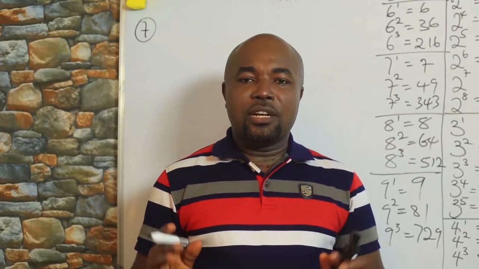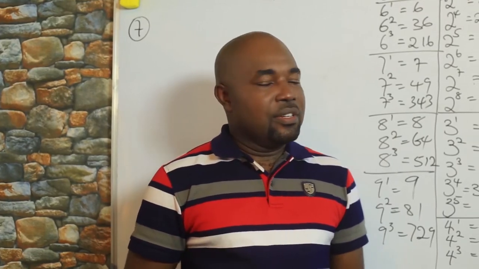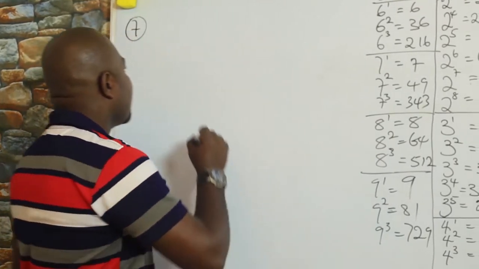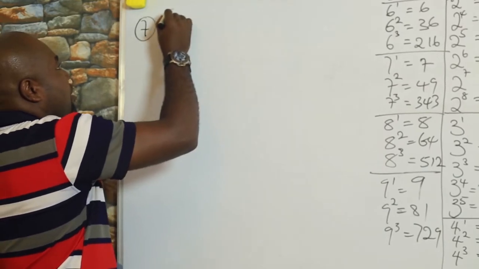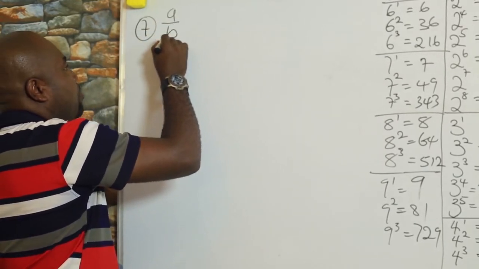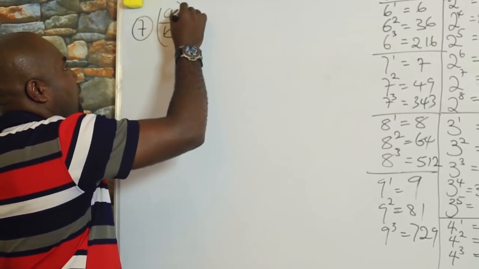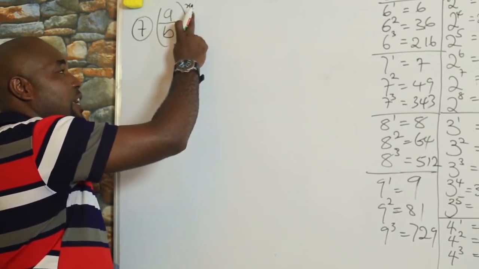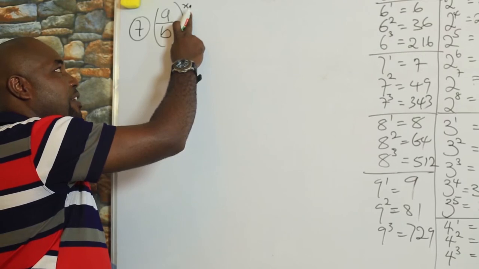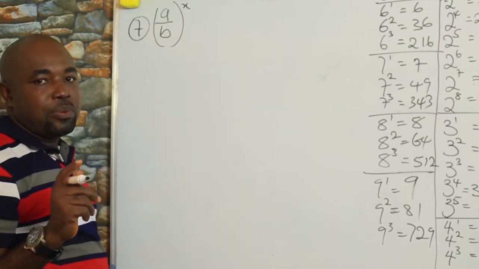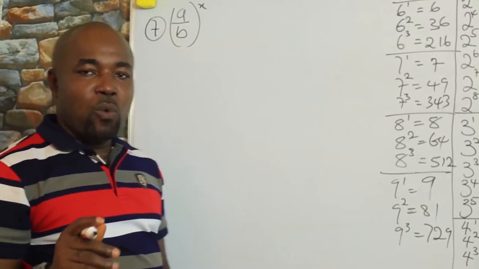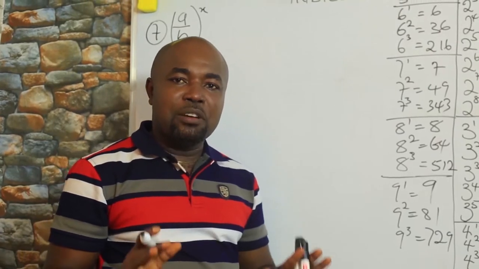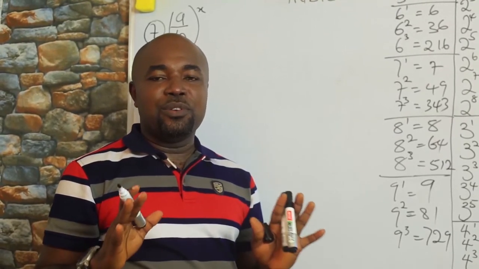Now, let us take the 7th law. The 7th law states that a raised to power b all over X. X here is the exponent. X here is the power. X here is the index. I hope you are following. I want you to understand this topic very, very well.